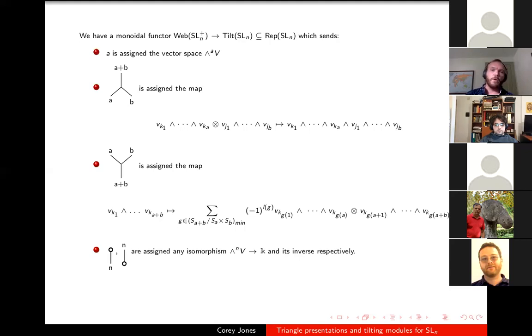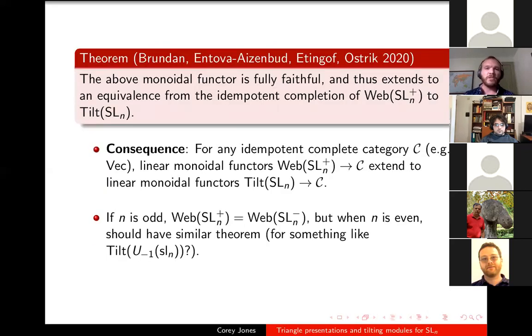Okay. So the theorem, which I'll attribute to Brundan, Entova-Aizenbud, Etingof, and Ostrik from earlier this year, is that this above monoidal functor is actually fully faithful. So in particular, that implies it extends to an equivalence from the idempotent completion of this web SLN category to tilting modules, which can be viewed again as the idempotent completion of the full subcategory of rep SLN generated by these fundamental reps.